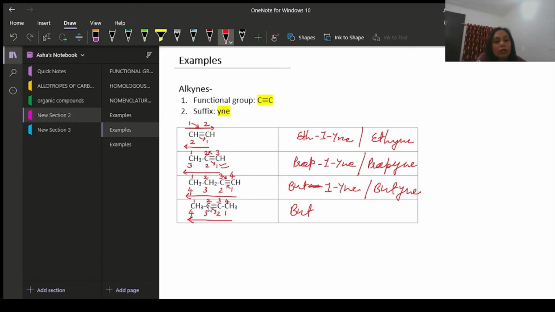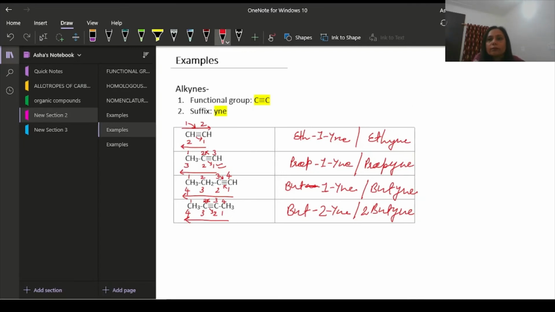So here the position of the triple bond is with the second carbon. So in both the cases position is with second carbon, right? So it is your choice, either way it is correct. So you can write but-2-yne, or in short we can also write it as 2-butyne, okay. Now let us go to the other example.